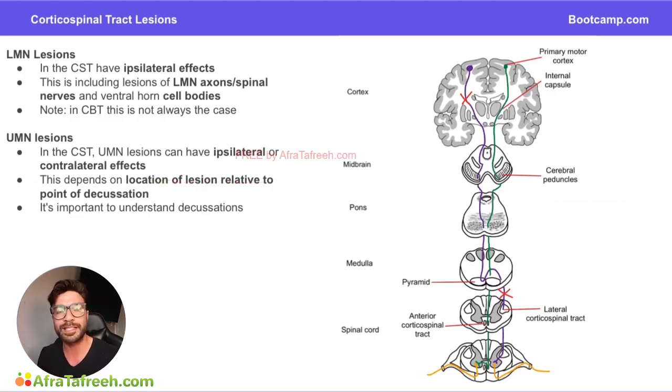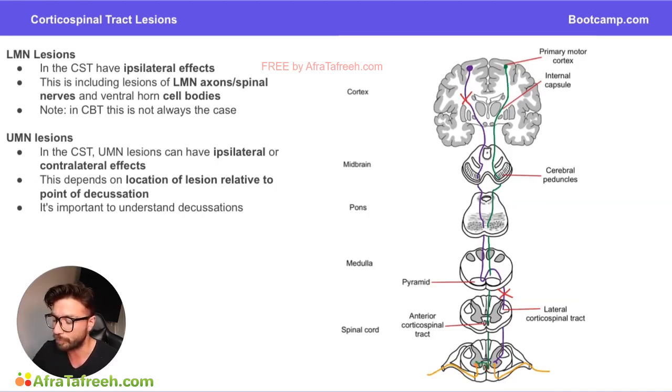When we're talking about the anterior corticospinal tract, it's kind of weird because the pathway stays ipsilaterally the entire time and then it crosses over. So the majority of effects that you'll see with regards to the anterior corticospinal pathway, these are going to be contralateral because we always have the point of decussation at the level of the spinal cord.